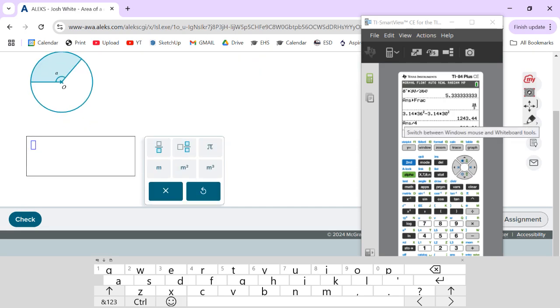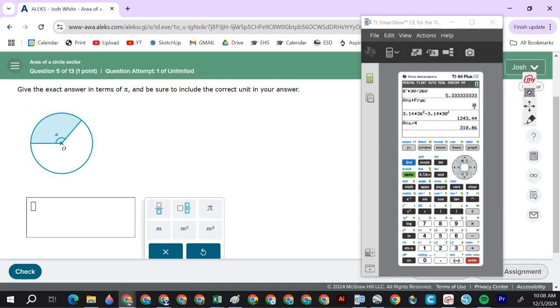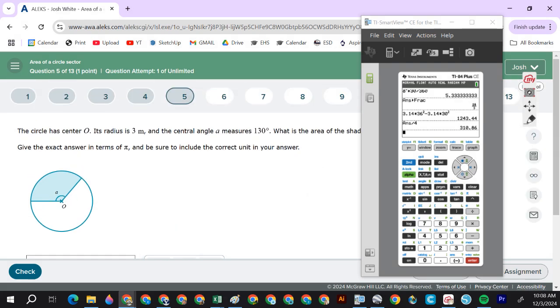Okay, here is a problem with a circle sector, which means we're going to cut a piece of pizza out of this pie. And for this particular piece of pizza, we know that the radius of the circle, the length of this piece of pizza, is 3 meters. And we know that the pizza contains a central angle of 130 degrees. So what is the area of the pizza?